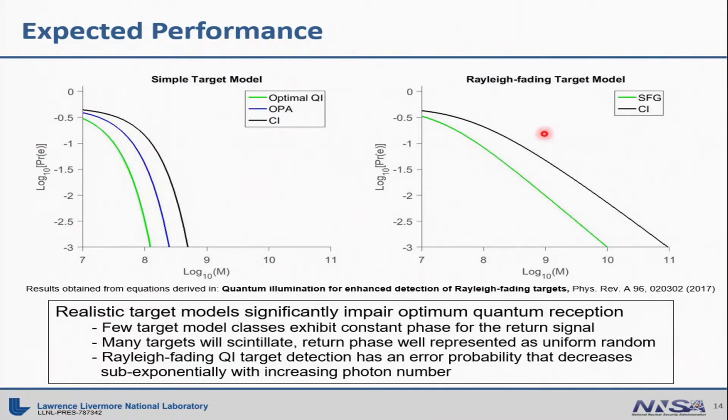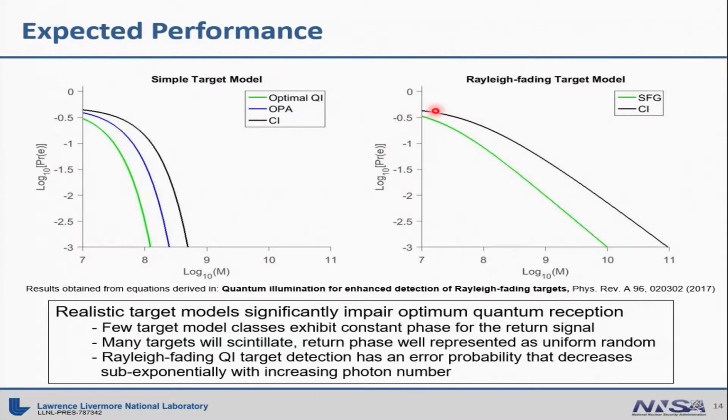But in 2017, there was some work done where they replaced those simple target models with more realistic target models, where the target exhibits this sort of phenomenon where the phase of the return photon is basically being randomized. It's no longer consistent with the phase that you transmitted because the target has this complicated shape and behavior.